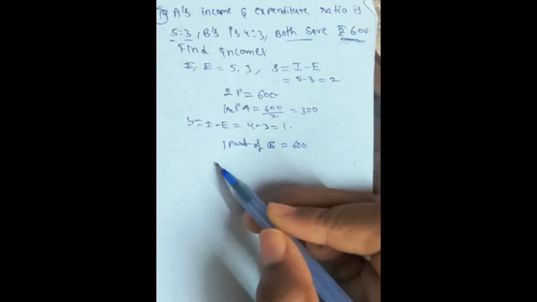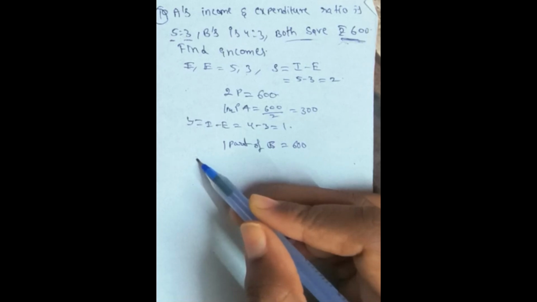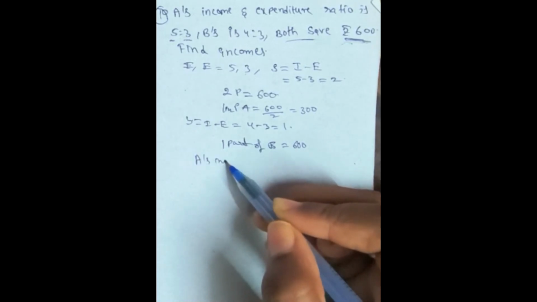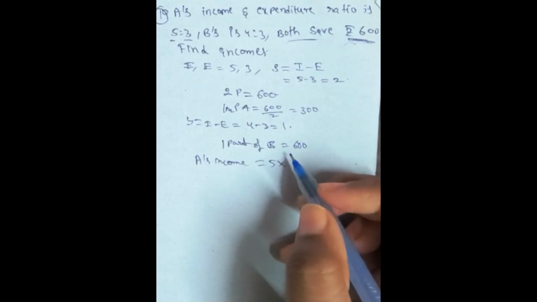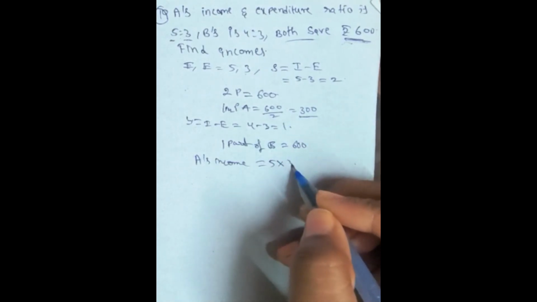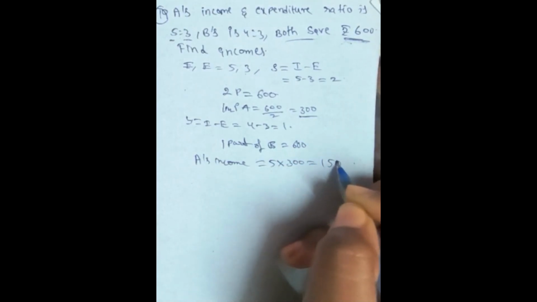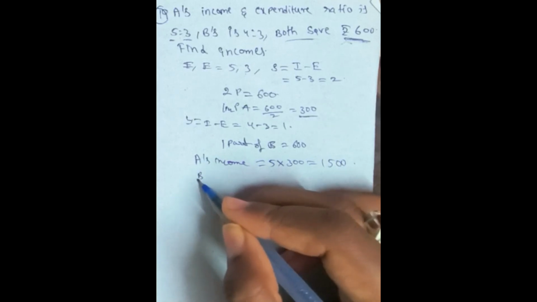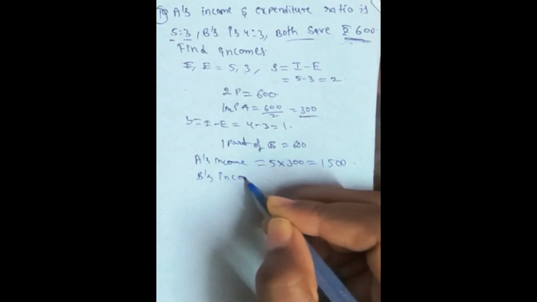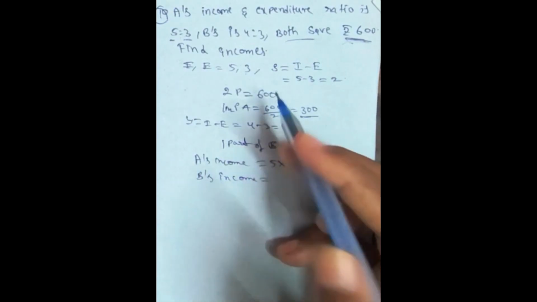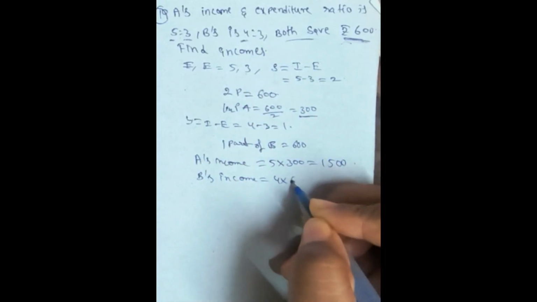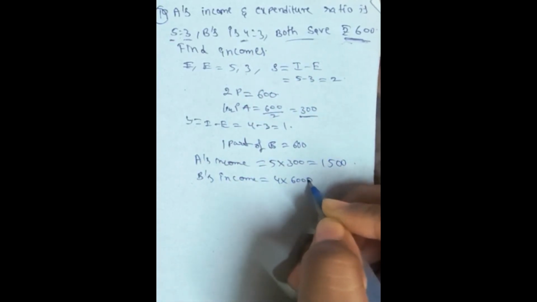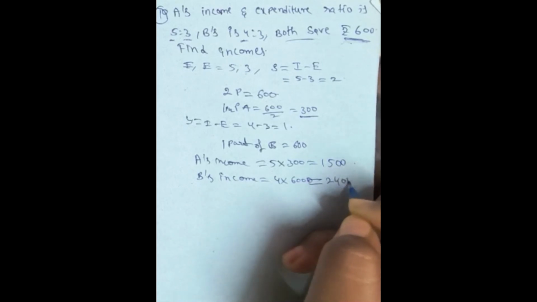And next we want the income for A and B. A's income is equal to 5 parts, so 5 into 300, that is equal to 1500. Next B's income, we have 4 parts for B's income. 4 into 600, that is equal to 2400.